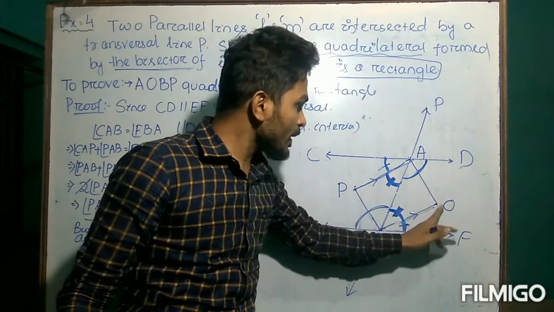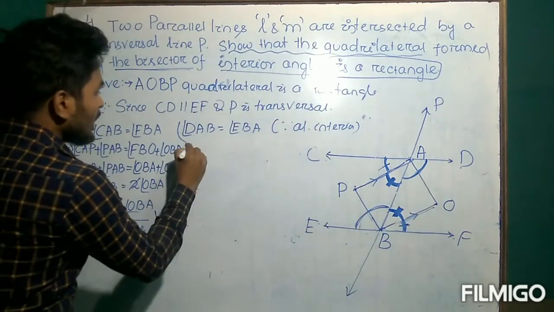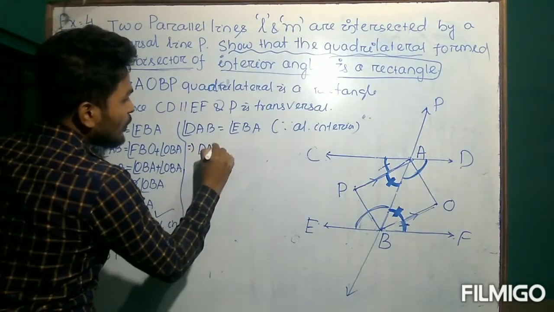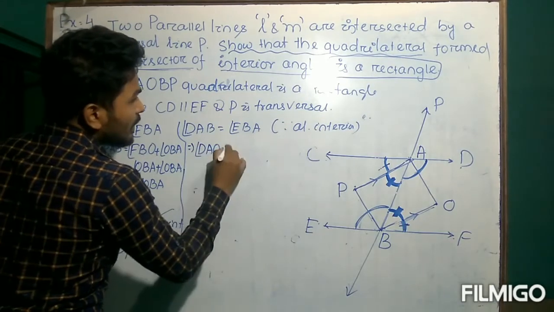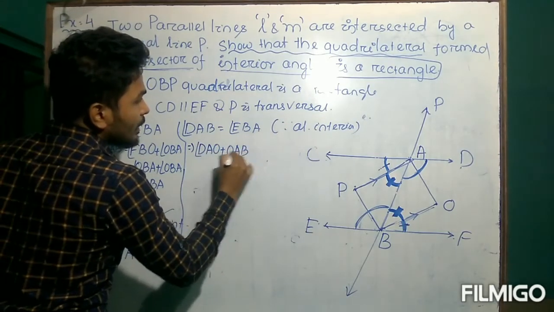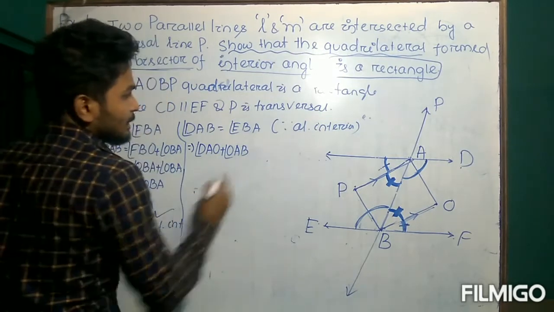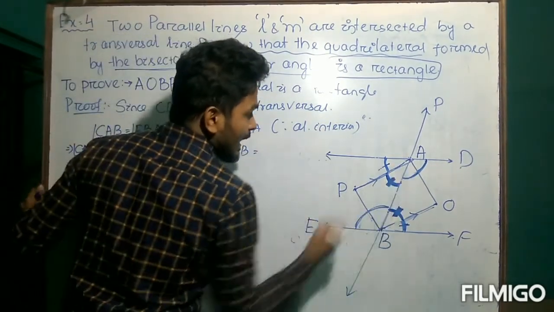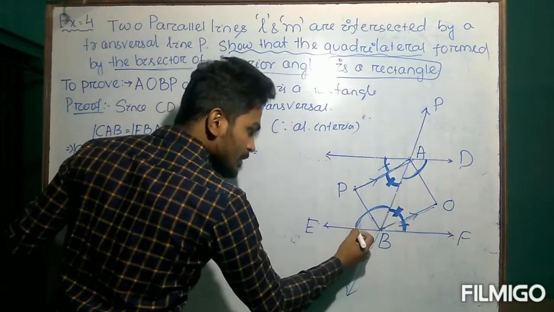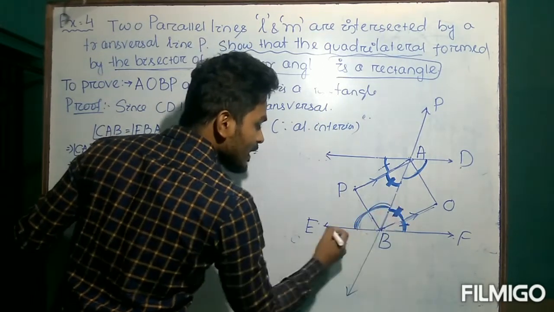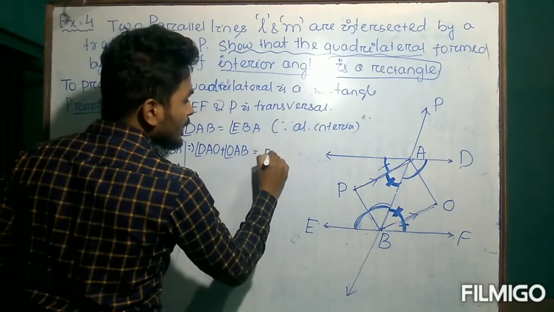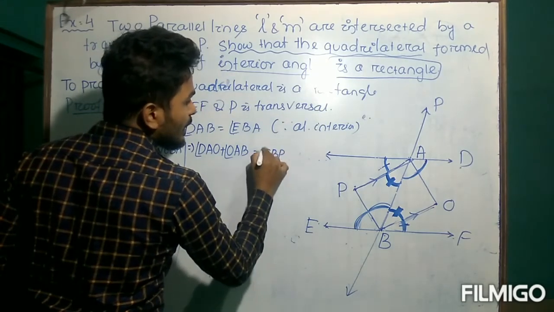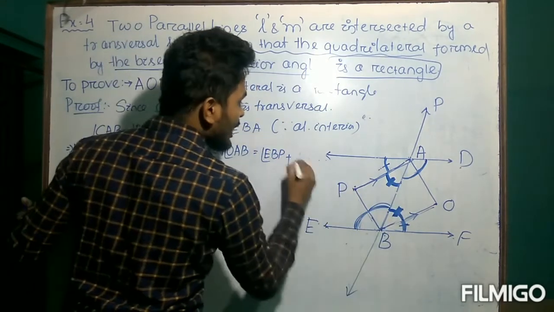So DAO plus OAB. Similarly, in the place of EBA, we can substitute this angle plus this angle, EBP plus PBA.